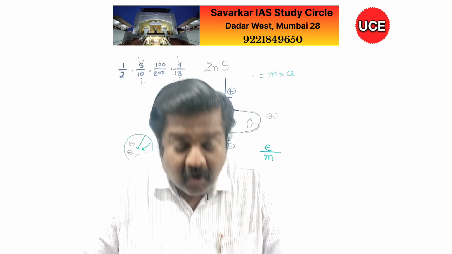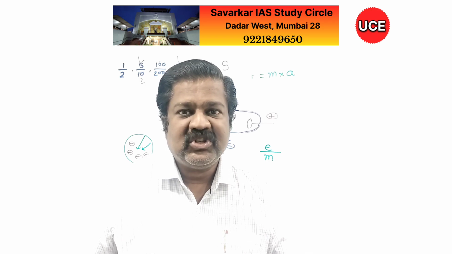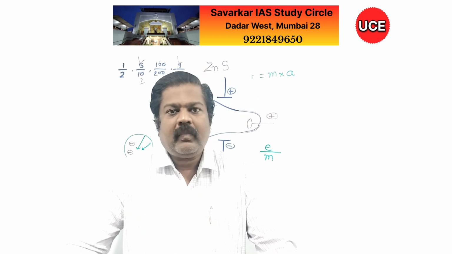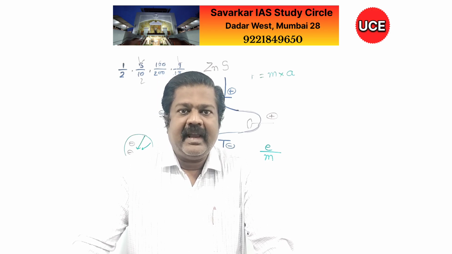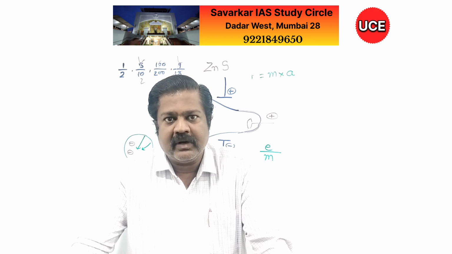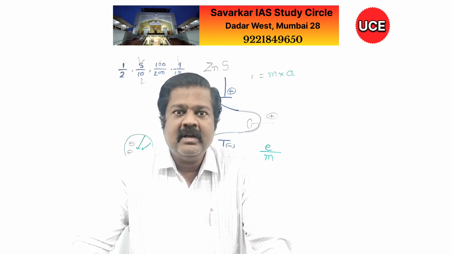So the experiment was wrong, but the proof is perfect, that is, the presence of positive charge. So now the atom has an electron as well as a proton. Two particles are considered here.